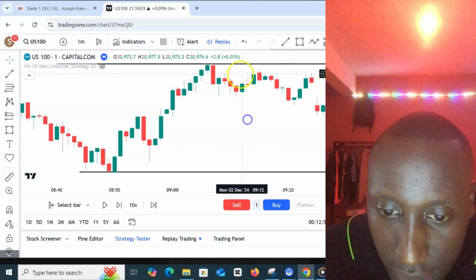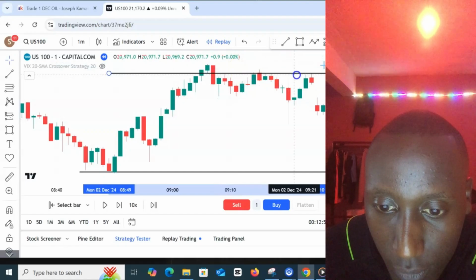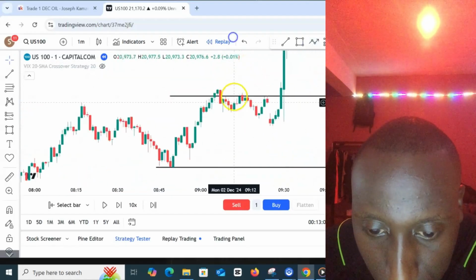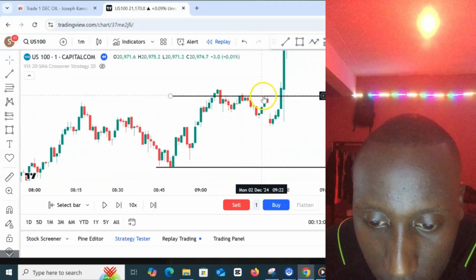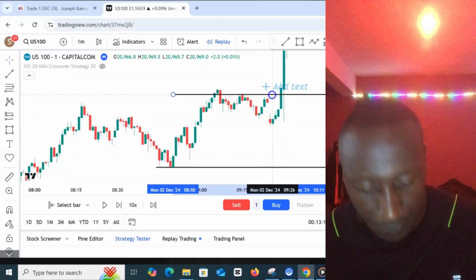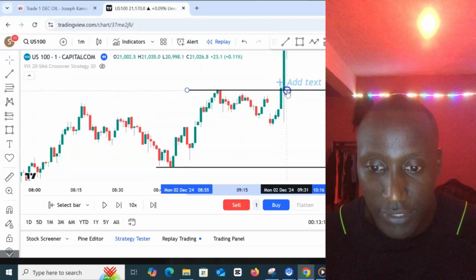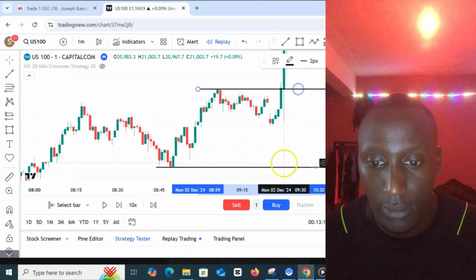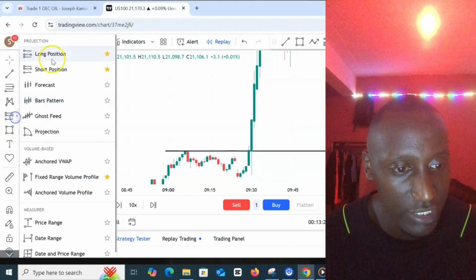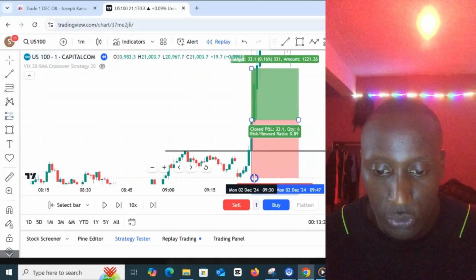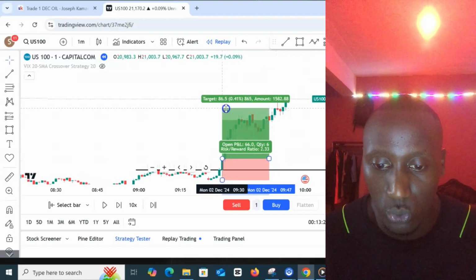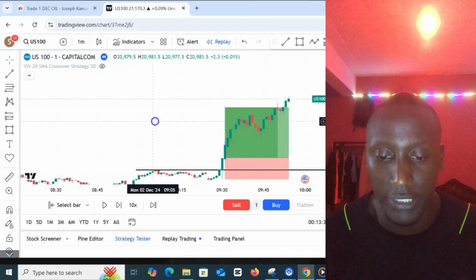So if we look at here, we have this area where we have one touch, we have this second touch, and then after 9:30, price breaks out of this whole level. So that was the entry long. Stop loss was below the breakout candle, and then we are targeting a 1:2. You can see how simple it is.